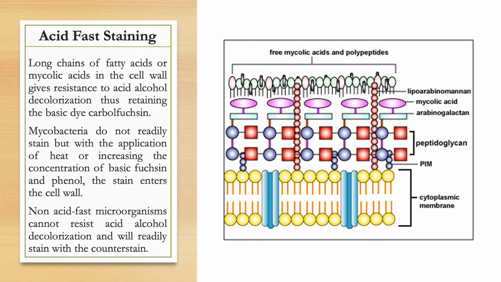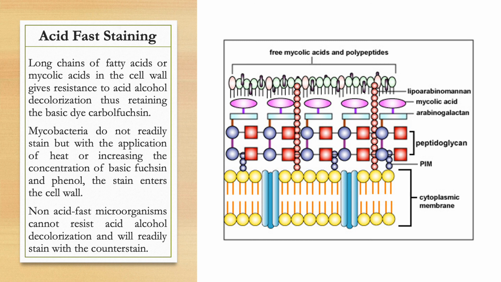Mycobacterium tuberculosis, right? So mycobacteria do not readily stain, but with the application of heat or increasing concentration of basic fuchsine and phenol, the stain is allowed to enter the cell wall. So you can see here that your mycobacteria have this layer of mycolic acids and proteins on top of the cell wall, and this needs to be disrupted using heat or phenol to allow your primary stain to color the cell wall.